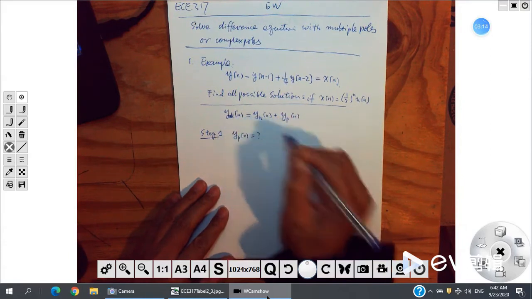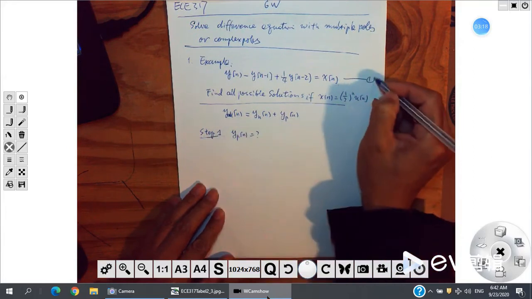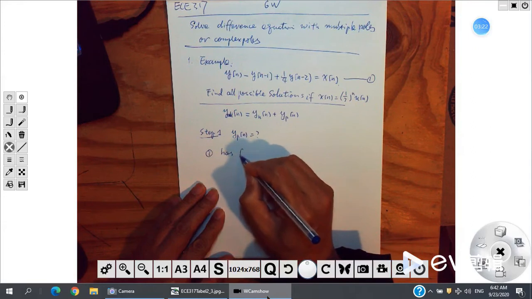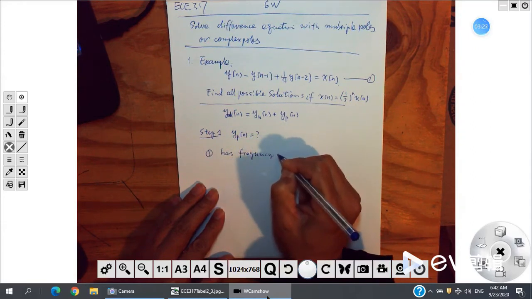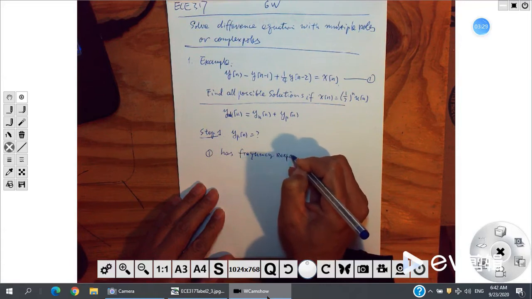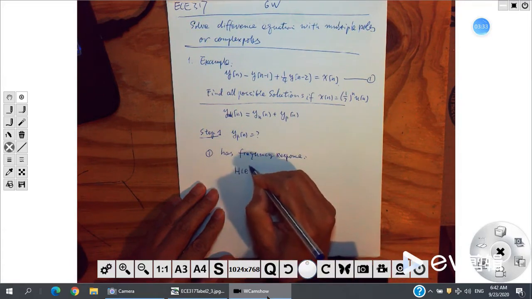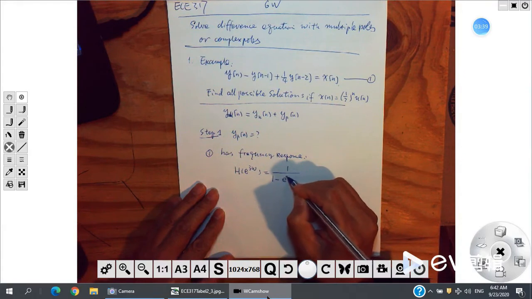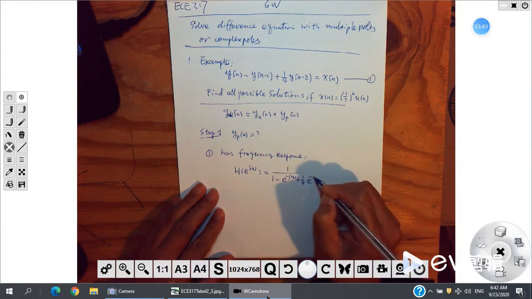This system has a frequency response, and we can find it. H of e to the j omega will be 1 over 1 minus e to the negative j omega plus 1/4 e to the negative 2 j omega.